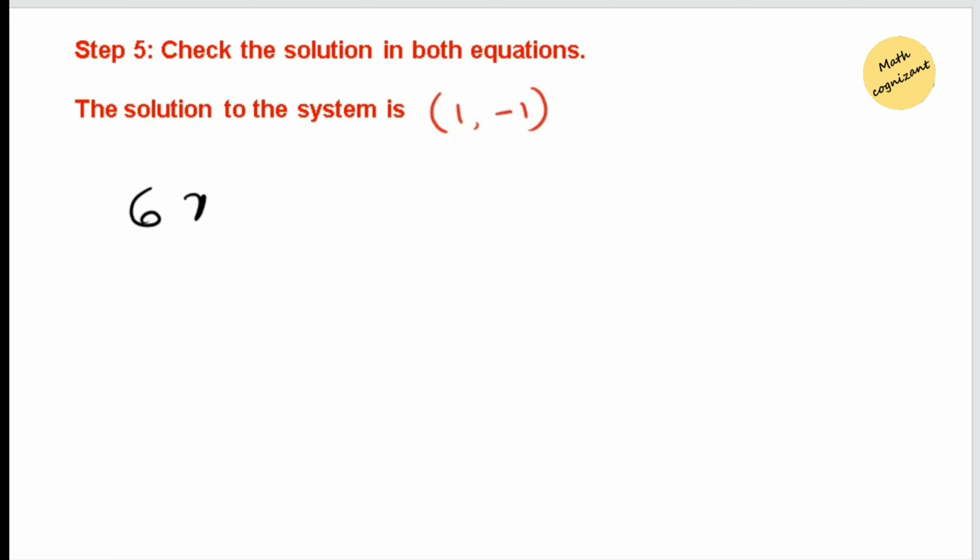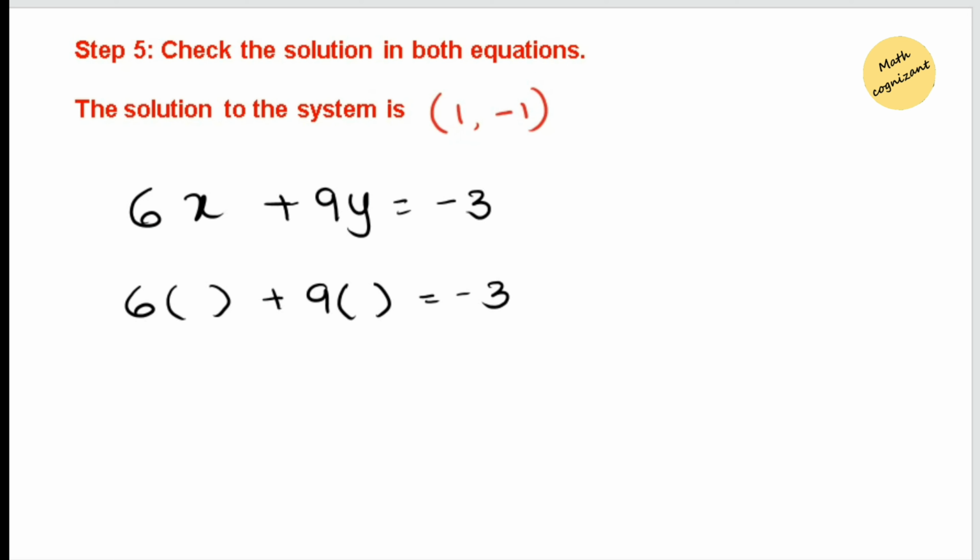We can use any one of the equations to check, but I'm using 6x plus 9y equals negative 3. That's equation number 2. Then in place of x and y, we are going to use these solutions, 1 and negative 1.